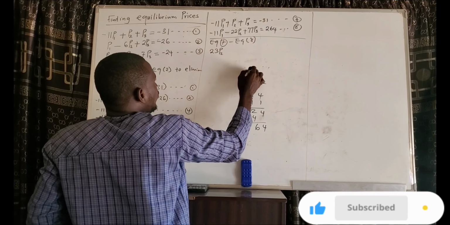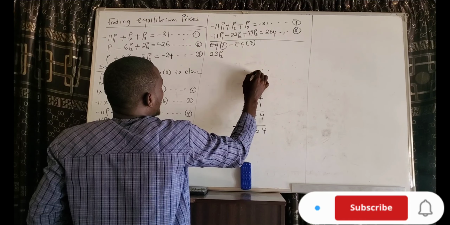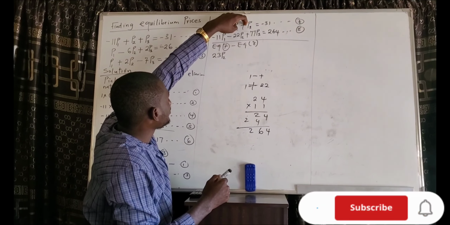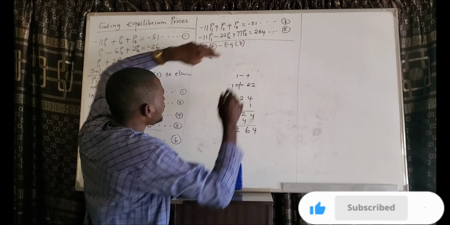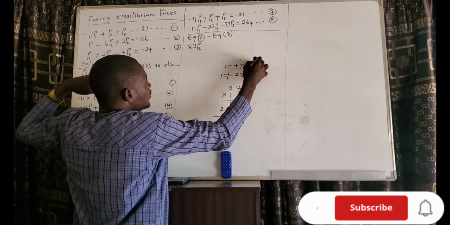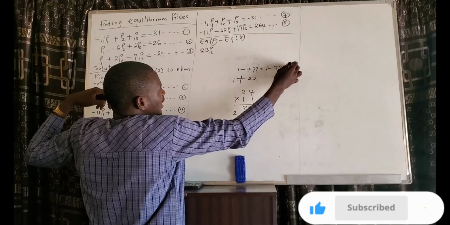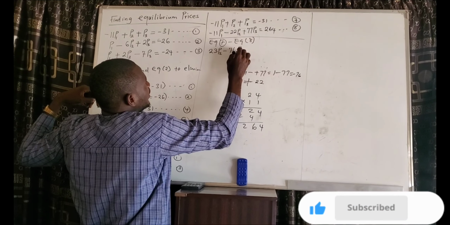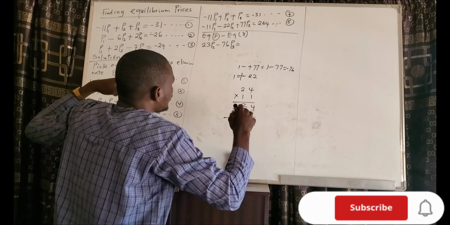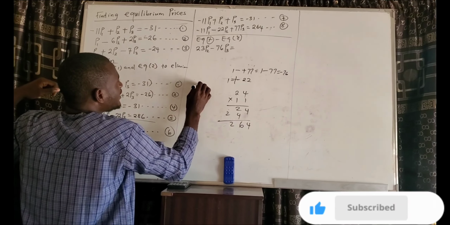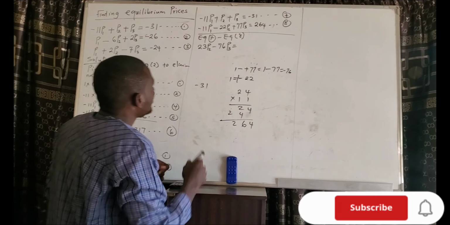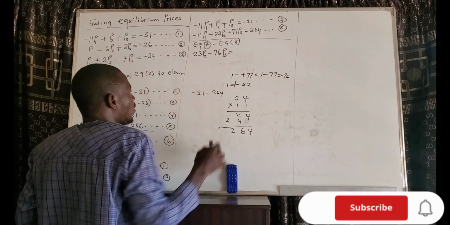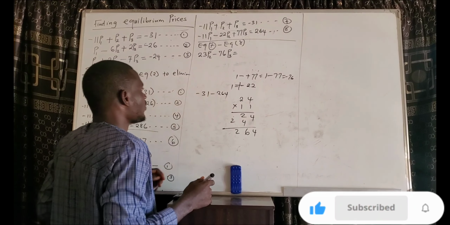Here you have 1 minus plus 1 positive minus then plus 77. This will give us 1 minus 77, which is minus 76. Minus 76 p3 equal to, we have negative 31 minus 264.